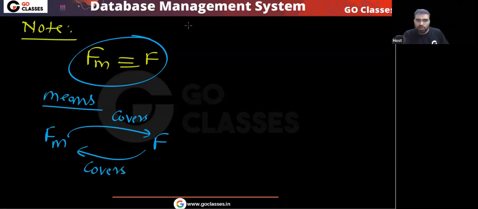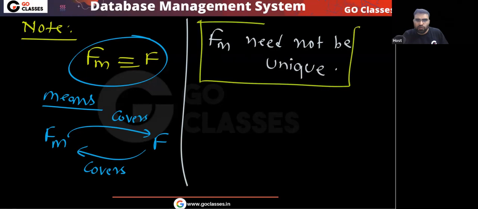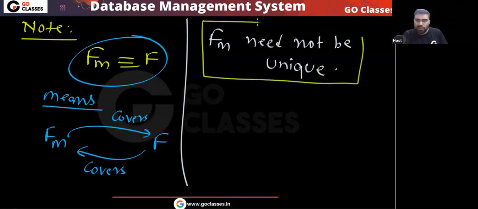Also remember, this FM need not be unique. You can have many minimal covers. Now what is the definition of minimal cover, this FM that we call the minimal cover of F?